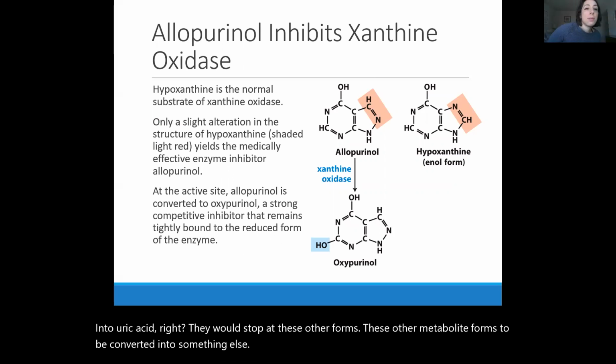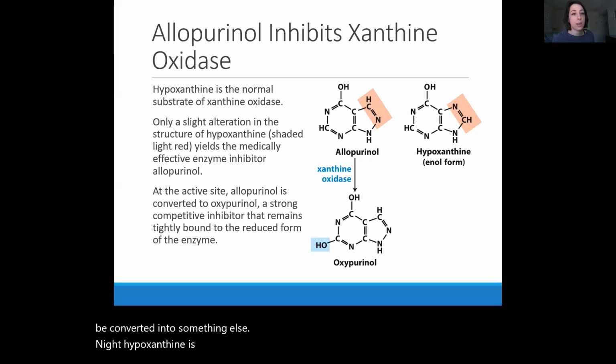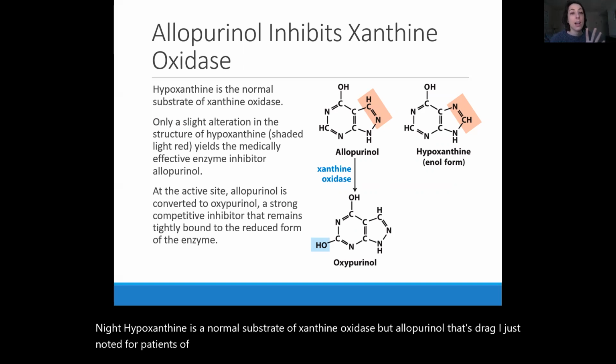Now, hypoxanthine is a normal substrate of xanthine oxidase, but allopurinol, that drug I just noted for patients of gout, as you can see, is a drug that mimics almost exactly hypoxanthine.